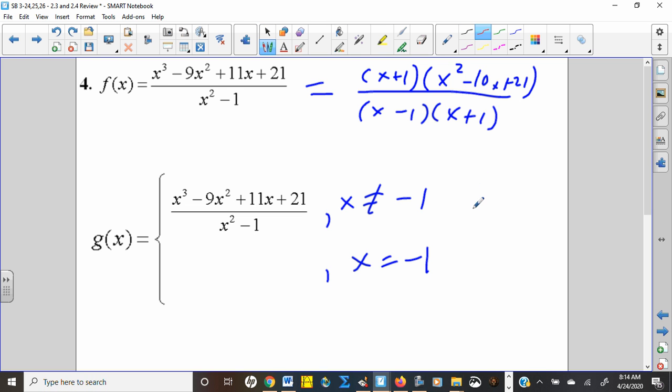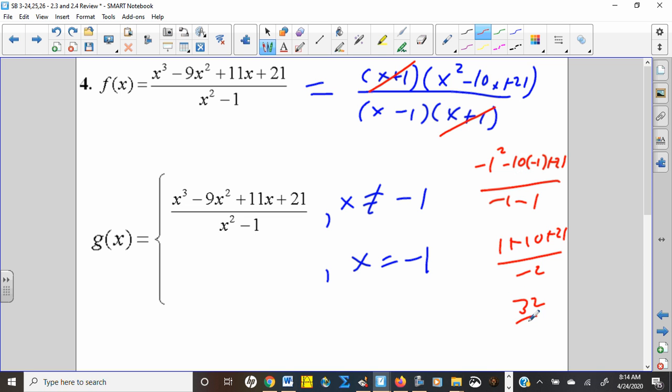So -1 goes in, and we get -1 squared minus 10 times -1 plus 21 over -1 minus 1. So that's going to be 1 plus 10 plus 21. So that's 32 over -2, so -16.